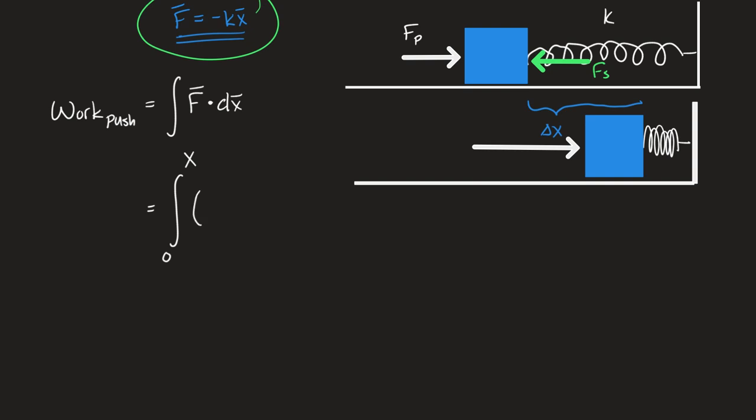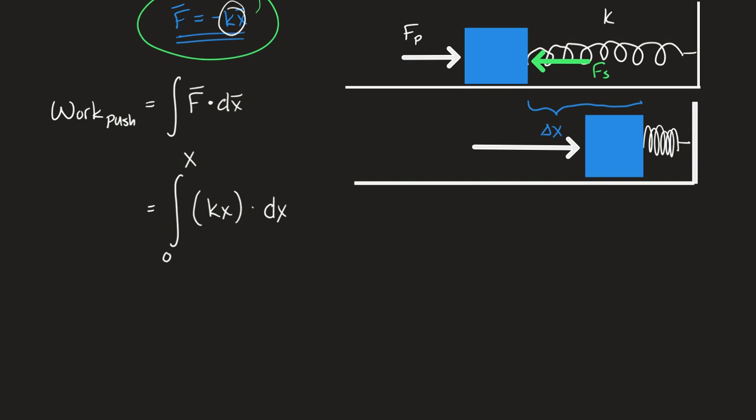The pushing force, how hard we have to push, is based on Hooke's law. So that's going to be Kx. This dx represents a small change in position. The d is still a delta, and it still has directional information.